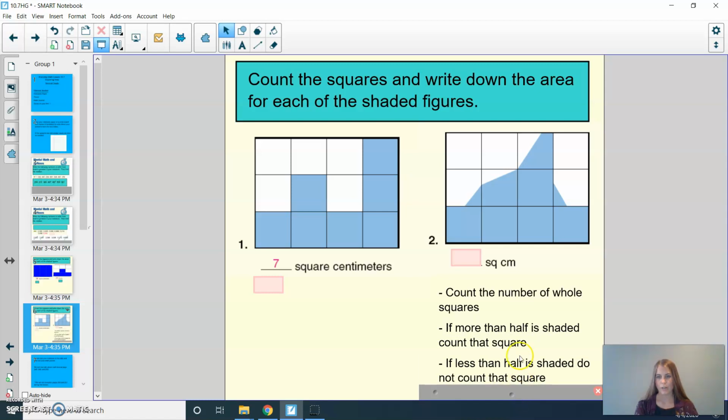Here's a little clue for you. I want you to start by counting the number of whole squares. And then, if more than half is shaded, count that square. If less than half is shaded, do not count that square.